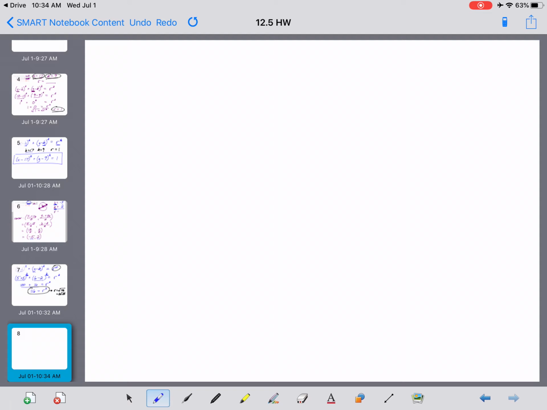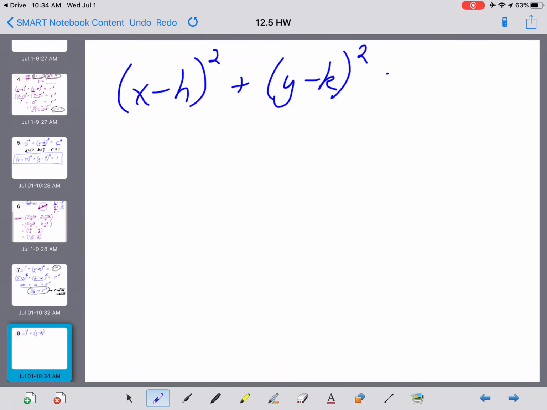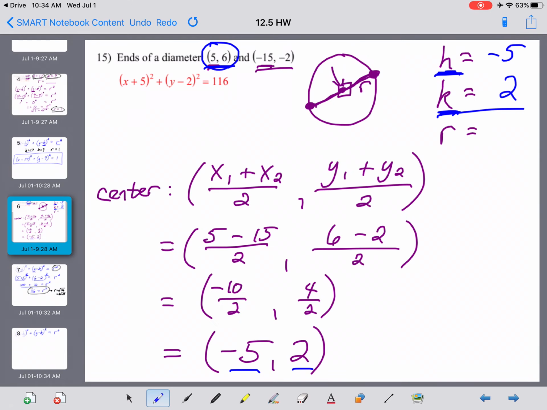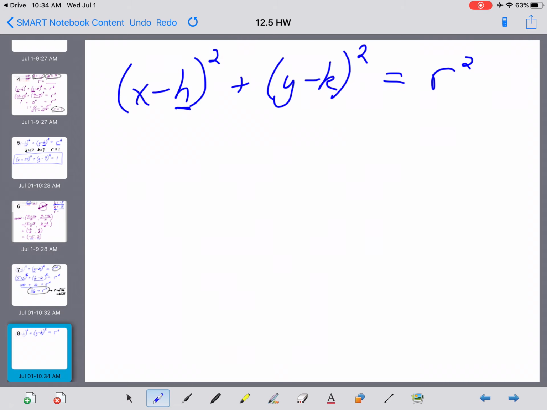So one more time, guys, if I again go back to the equation, x minus h quantity squared plus y minus k quantity squared is equal to r squared, let's fill in what we know. We knew that the value of h right here was -5. So this now becomes x minus -5 or plus 5 squared.